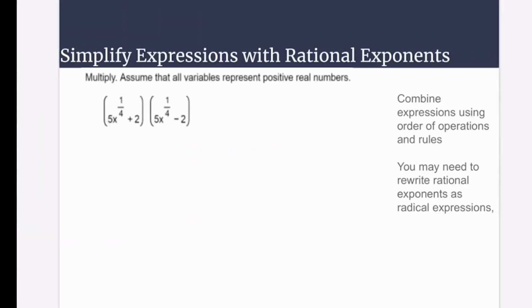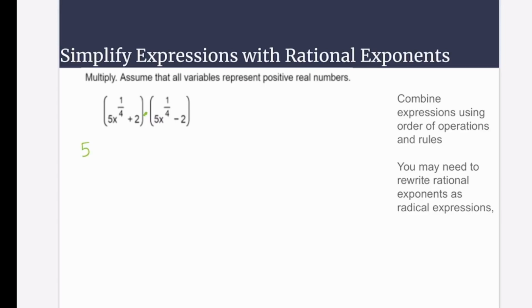So here's another type of problem where there are rational exponents, but you should already have the skills to do this. This is a special case of multiplying binomials, but we're not going to get into that. We're multiplying binomials here. Doesn't matter that you have exponents that are fractions. We're still going to do the same process.